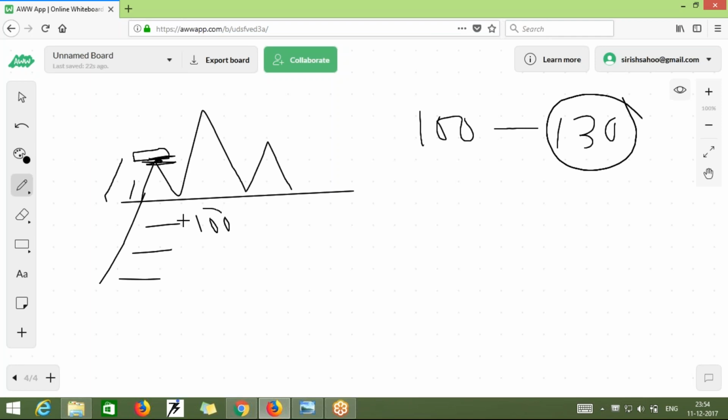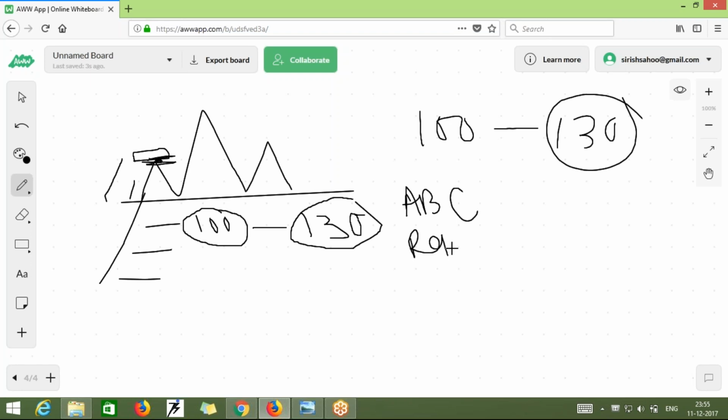From 100 the share rose to 130, and we know why it rose to this level. It's because of the buying of this smart money and a few retail investors.